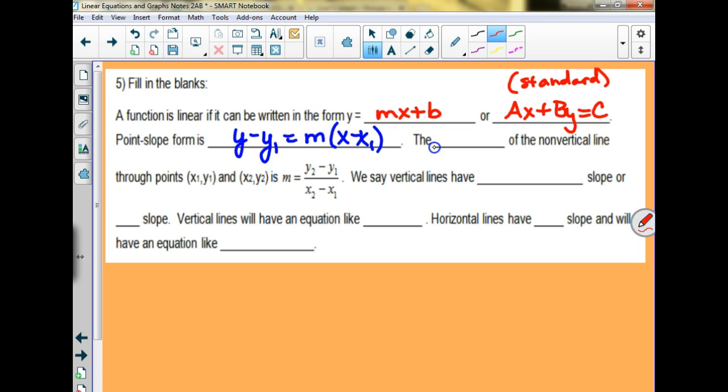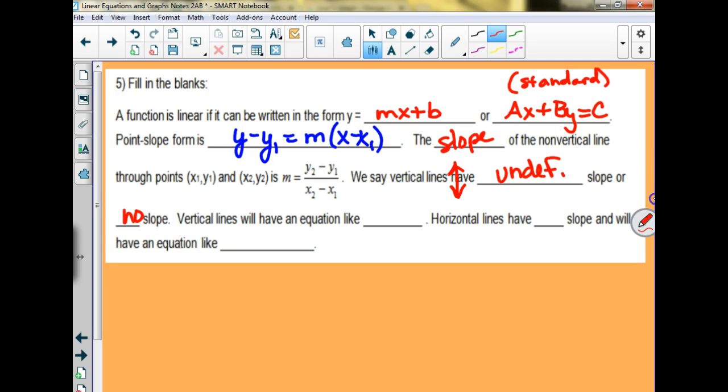All right, the blank of the non-vertical line through 2 points is, what is this definition right here? We just talked about it. Slope. Vertical lines that go this way, okay, have what kind of slope? Undefined. And we used to call that no slope when I was back in school.